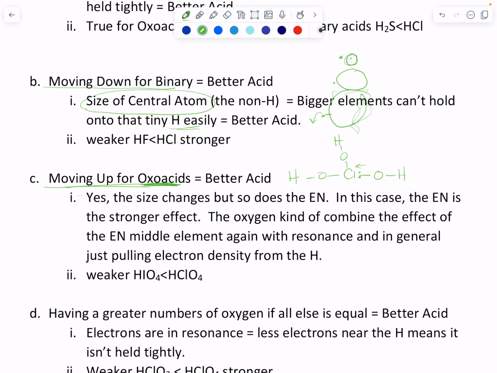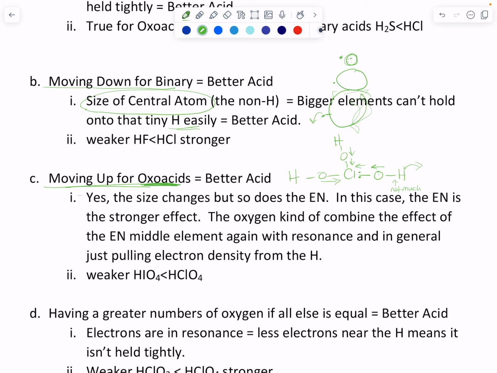It also kind of affects the oxygen, and its electrons are kind of going in that direction too. So when they both are going in that direction, it means that there's not much left to hold on to that hydrogen, and it falls off. And additionally, this element here, as this one's pushing in, this one's also kind of pushing in, and this one's also pushing in.